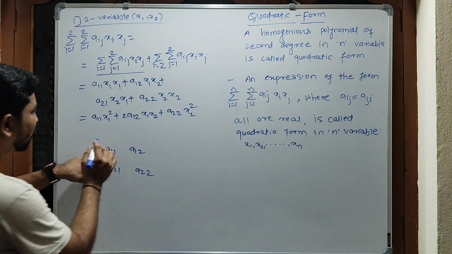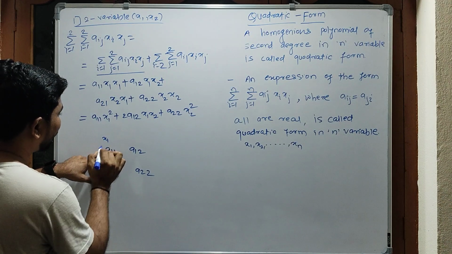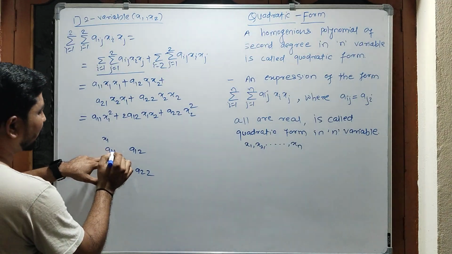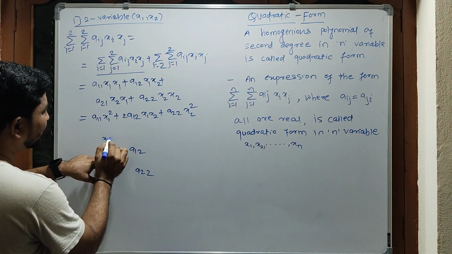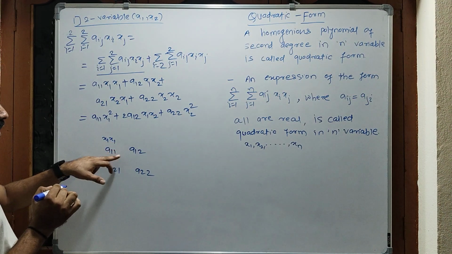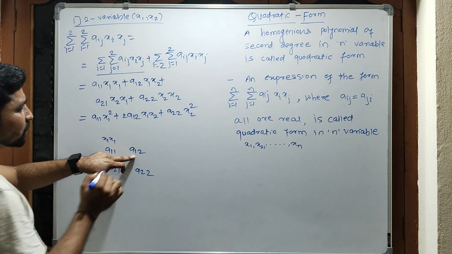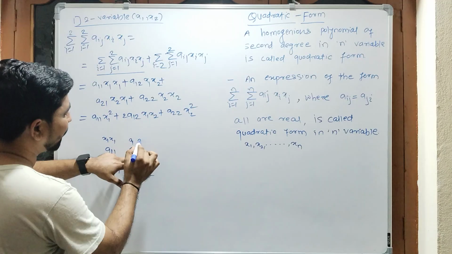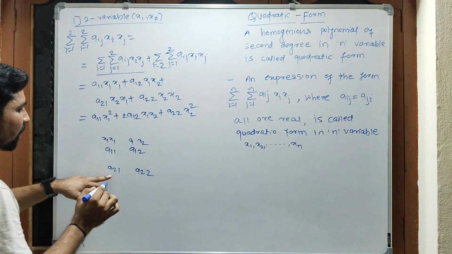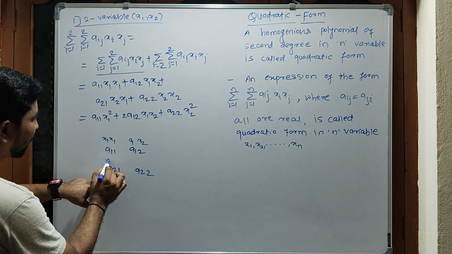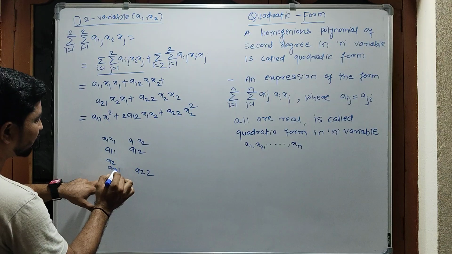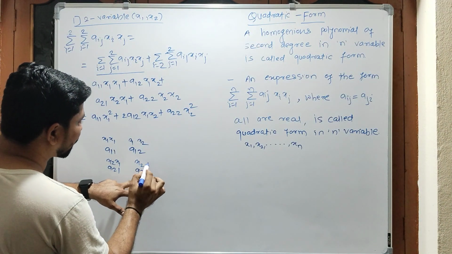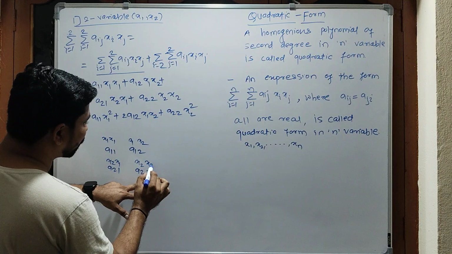This one corresponds to the first unknown x1, and this position, that is j is 1, so write x1 again. Now corresponding to this 1, write x1, and corresponding to this 2, write x2. Now corresponding to this 2, write x2, and corresponding to this position, write x1. In the same way, corresponding to this 2, write x2, and corresponding to this 2, write x2.